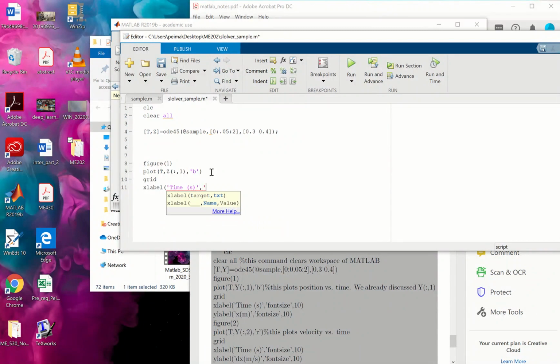Okay, and the font size, as I talked about these commands previously, I'm saying 10. You can change it to what? To a LaTeX interpreter to make it prettier, that's right. So this is going to be displacement x in meter, that's right, the y label.